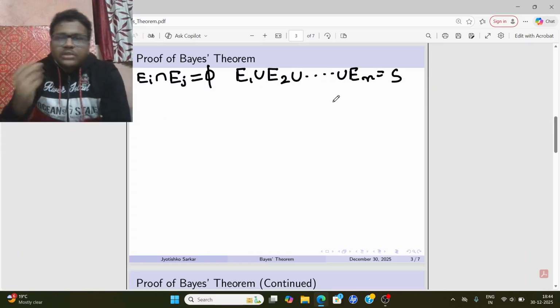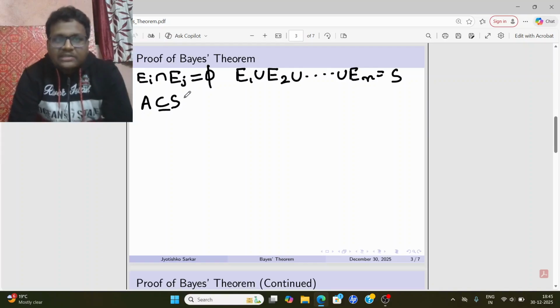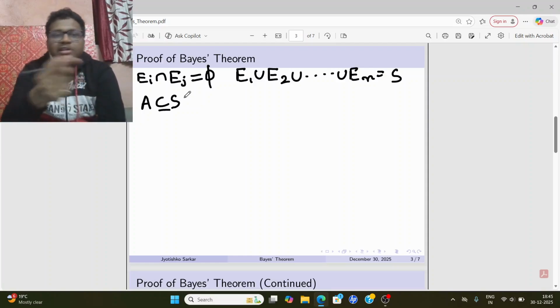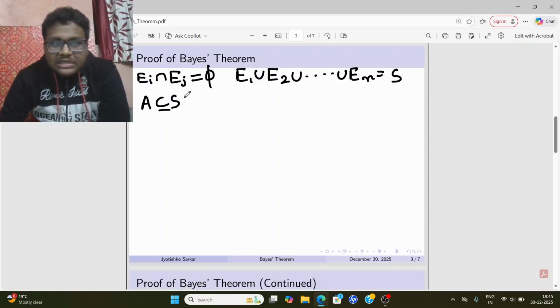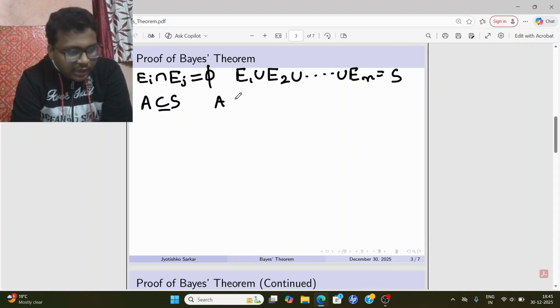Now suppose I have another event A associated with this sample space S. Now we all know that events are the subset of sample space, so I can write that A is a subset of the sample space. Now as A is the subset of sample space, can I write this, A equals S intersection A. This will also give me A.